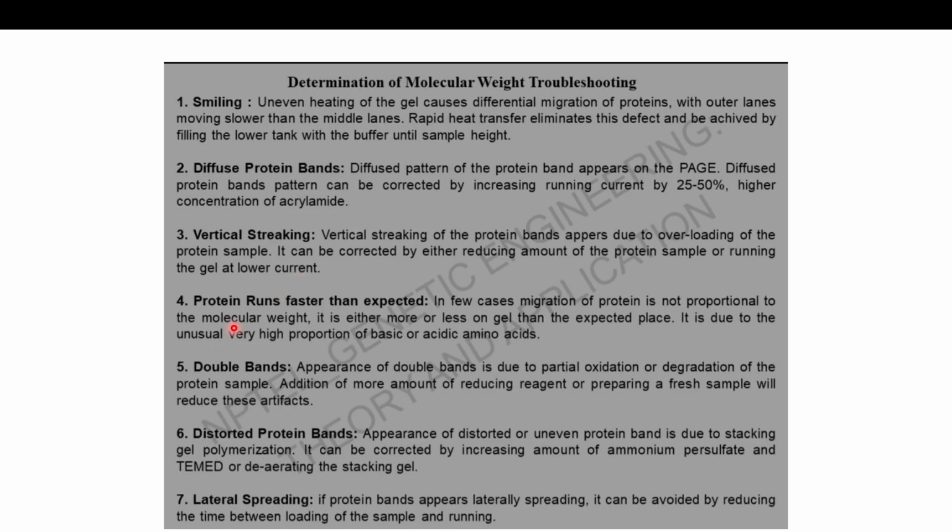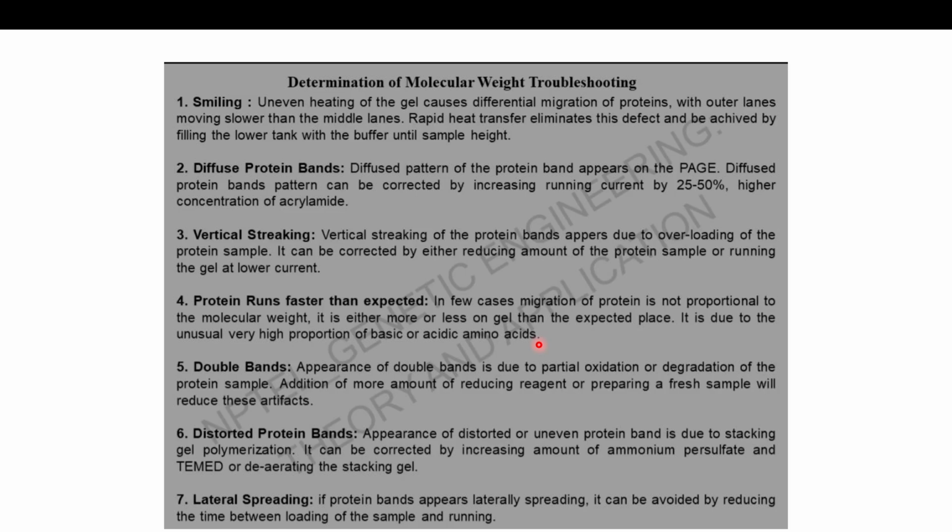And protein is running faster than expected. Sometimes the migration of protein is not proportional to the molecular weight and it is either more or less on the gel than the expected place. It is due to an unusually high proportion of basic or acidic amino acids. Many times it might happen that the band of your protein of interest appears slightly above.